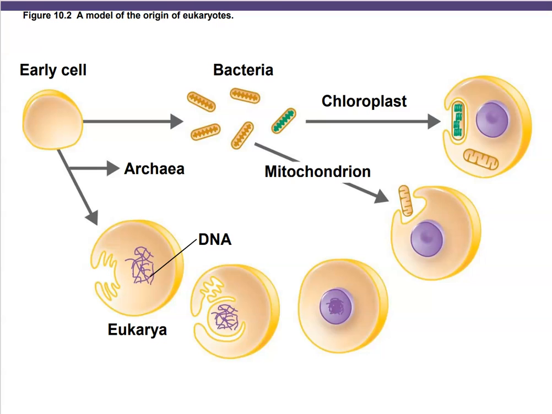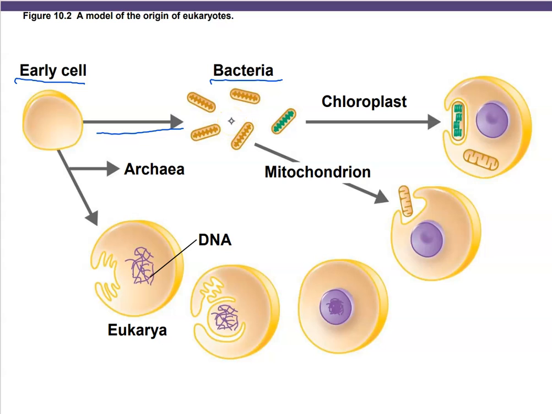So here's the final slide for this pretty long lecture. We have the early cell. This is sort of your first cell, and from there we have three branches ultimately splitting off. The bacteria, these are your eubacteria. Some of them are photosynthetic, that would be these green ones right here, and some of them are aerobic bacteria.